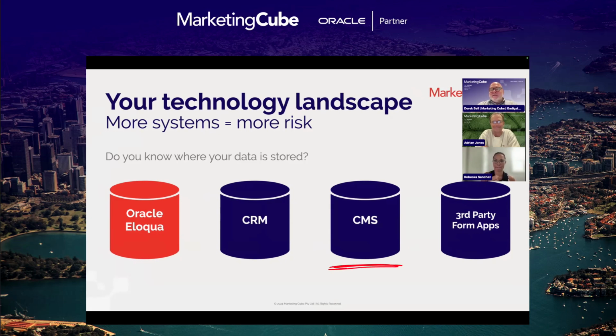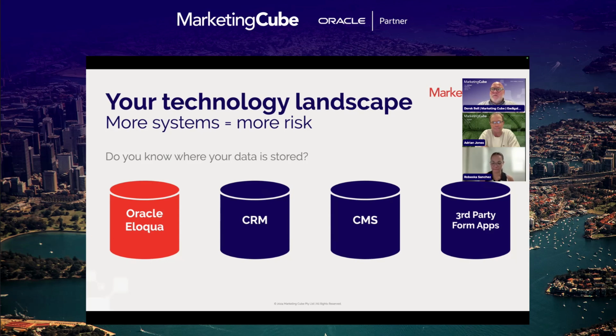Then you've got your CMS, and whether you have form functionality built into the CMS, or maybe you're using third-party form apps. So in a WordPress environment, for example, there will be an app that you would add to your WordPress environment that would be forms. And so let's just look at that. We've got Eloqua storing data for you.